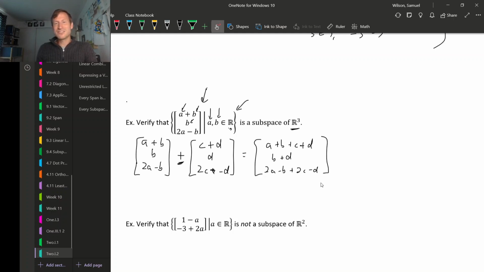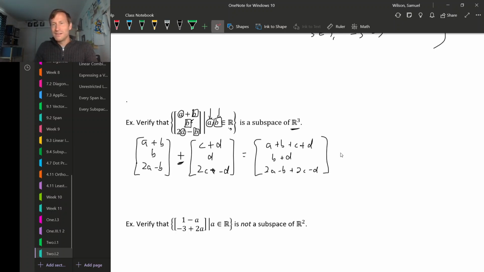Okay, now we have to ask ourselves, is this resulting vector sum in the set that we were working with? Well, it's kind of hard to tell at first glance, but remember, what we really need to check is, is it possible to come up with real numbers that make this pattern? So we need to write this pattern.